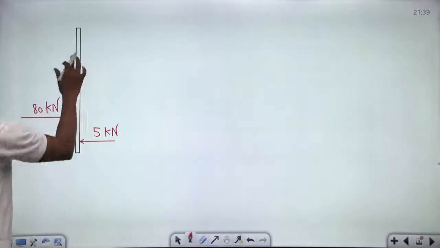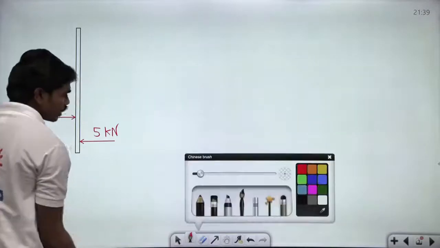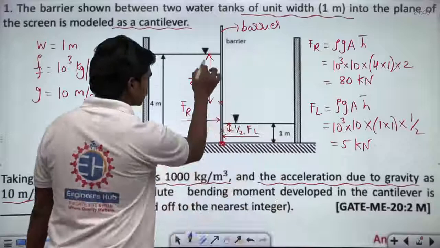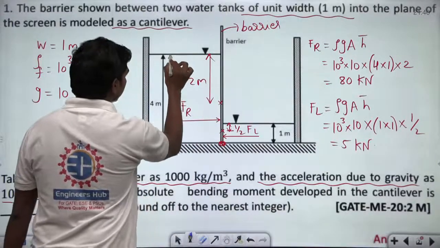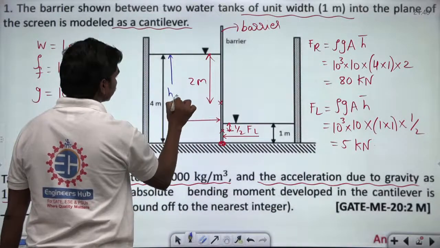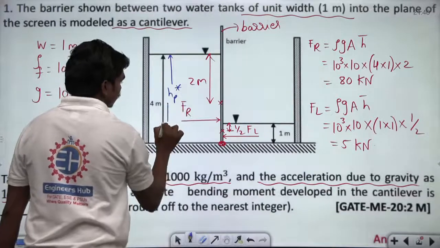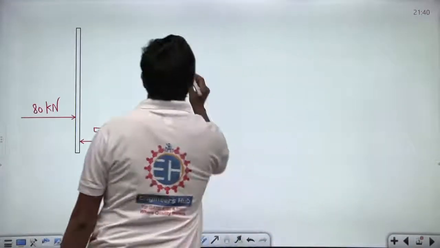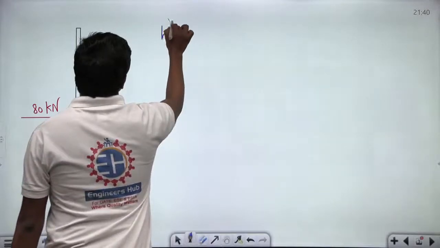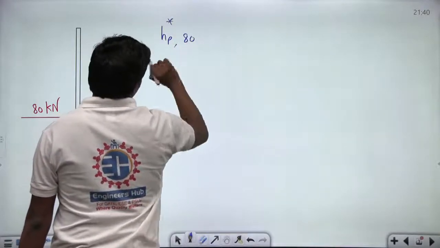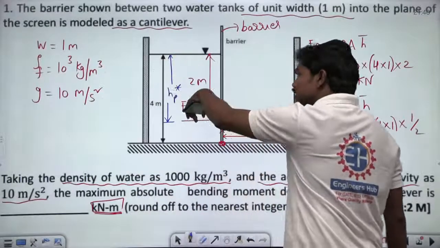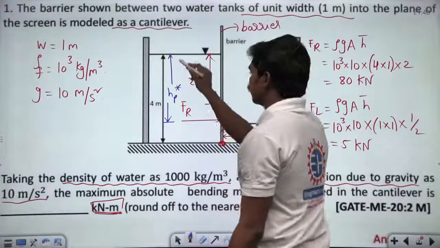Now this height is 4, so if you calculate the center of pressure for this force, meaning the depth of the center of pressure, if I call this hp star for the left side fluid, then what is this hp star? Look, hp star for the 80 kilonewton force is equal to, look, this h bar is at a distance of 2 meters from the top because this is the centroid of this 4 meter depth.